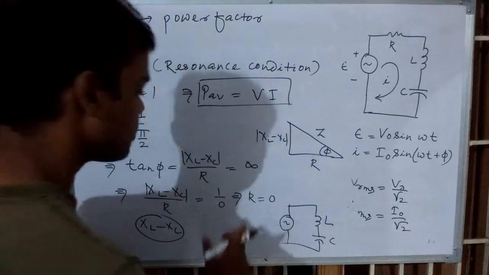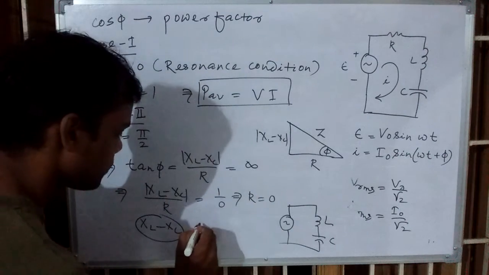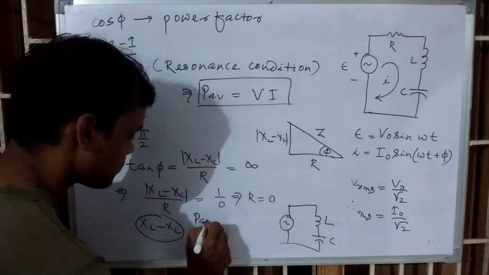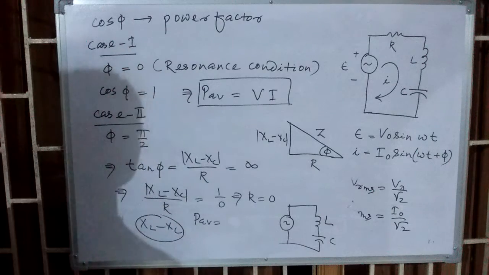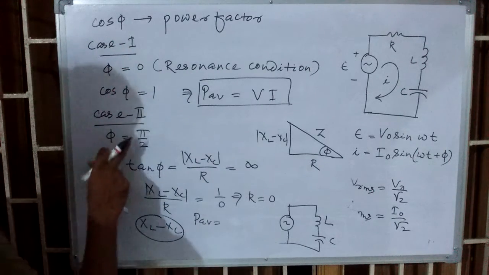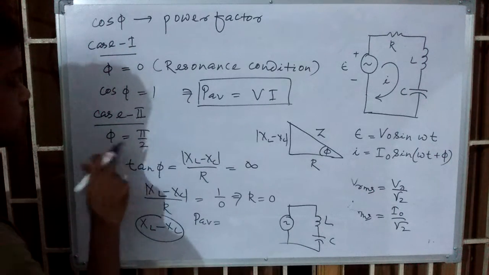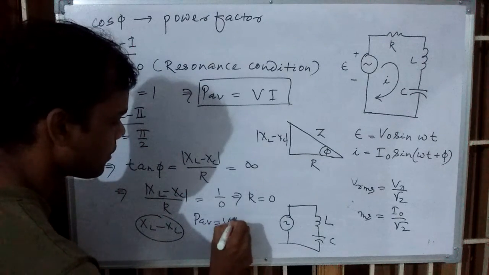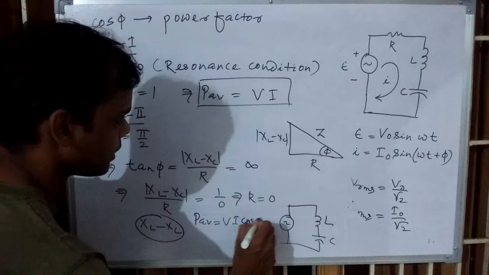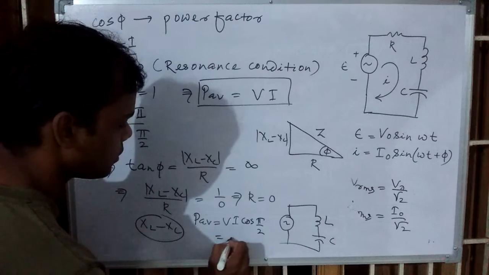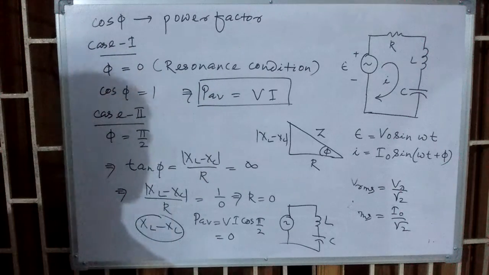Now come to the average power. What is the average power of this circuit? P average is equal to V I cos pi by 2, this is equal to 0.